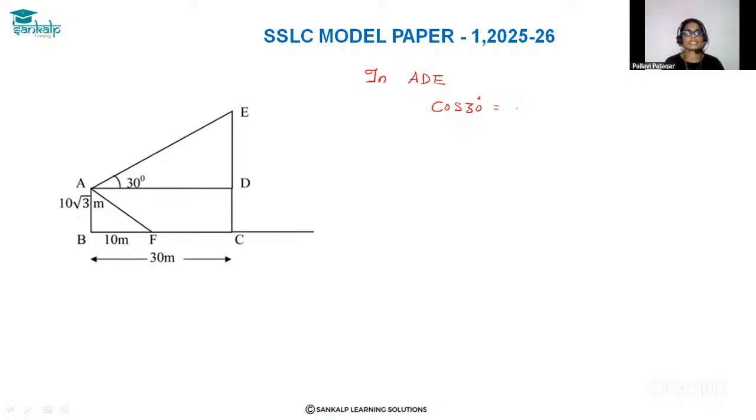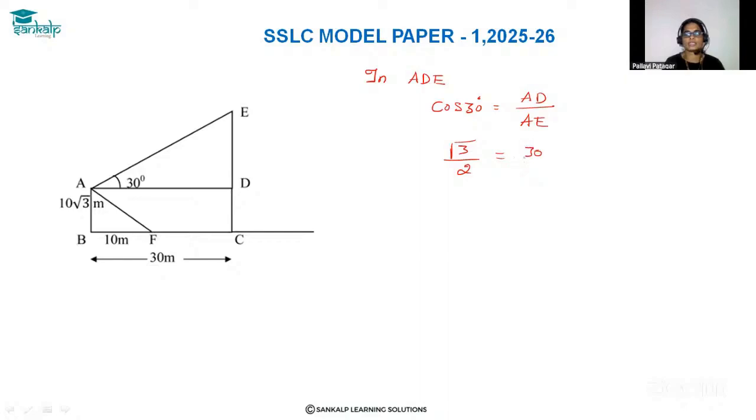So here adjacent is AD divided by hypotenuse is AE. So cos 30 degrees root 3 by 2. So this is equal to AD is equal to BC. So BC length is 30 meter.